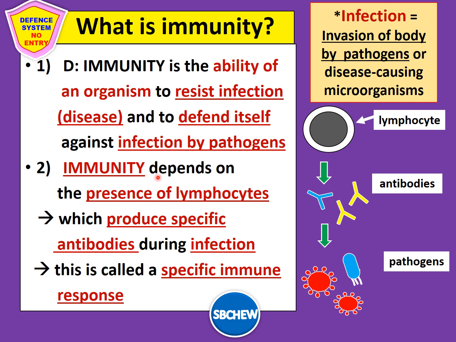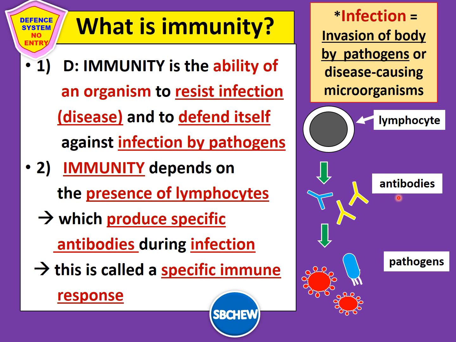So immunity depends on the presence of lymphocytes, which produce specific antibodies during infection, and this is called a specific immune response. So here we see the lymphocytes. This is an example of a lymphocyte, a special white blood cell that can produce antibodies, which are chemical substances that can destroy pathogens. So when pathogens try to enter our body, the lymphocytes are stimulated to produce the antibodies.